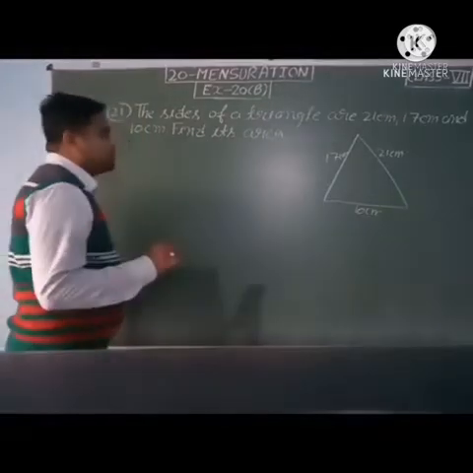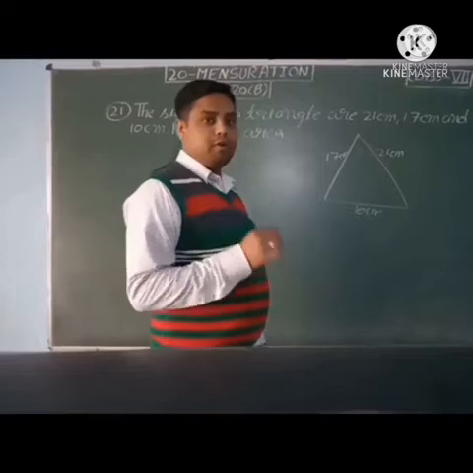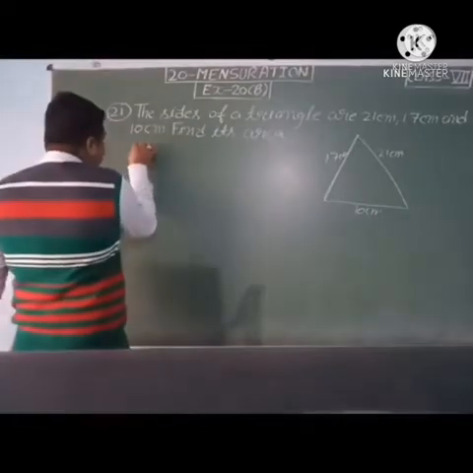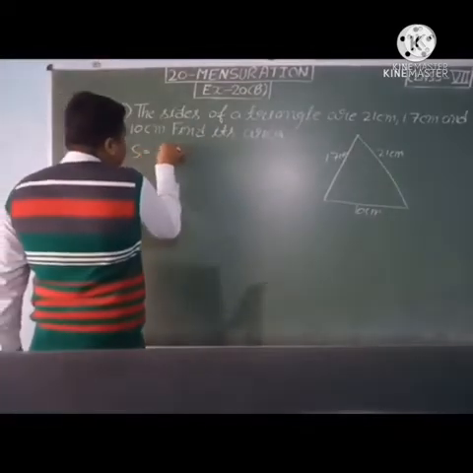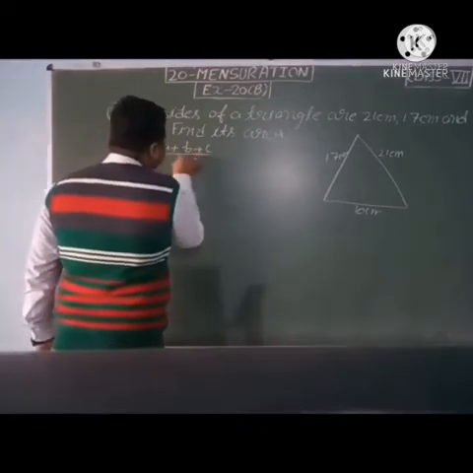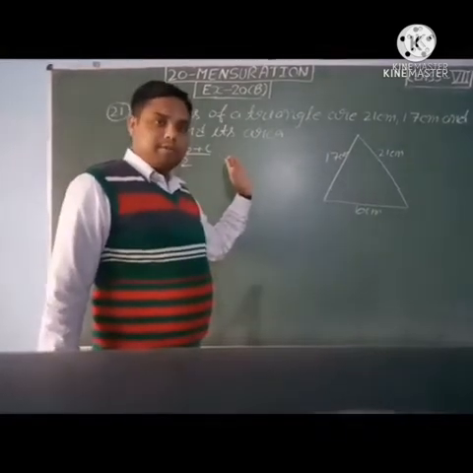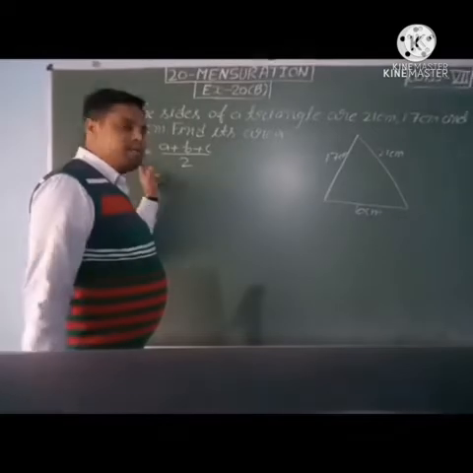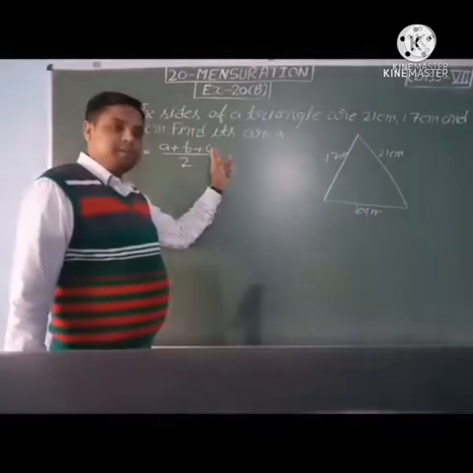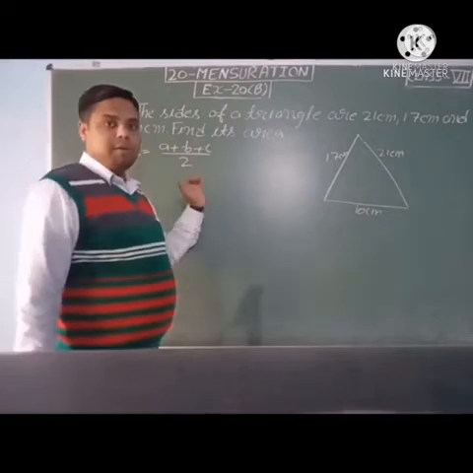So first of all, in this we will find the semi-perimeter. The formula of semi-perimeter: S is equal to (a plus b plus c) upon 2, where a, b, c are the sides. Perimeter upon 2, semi-perimeter, means half of the perimeter.